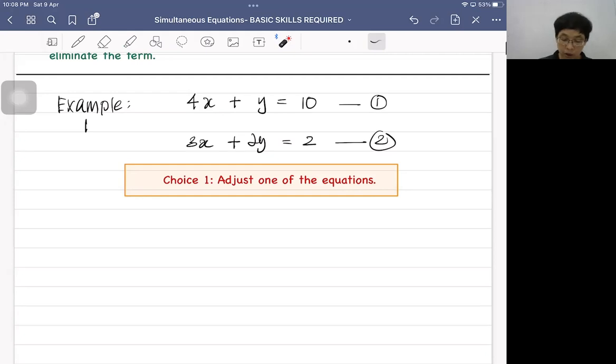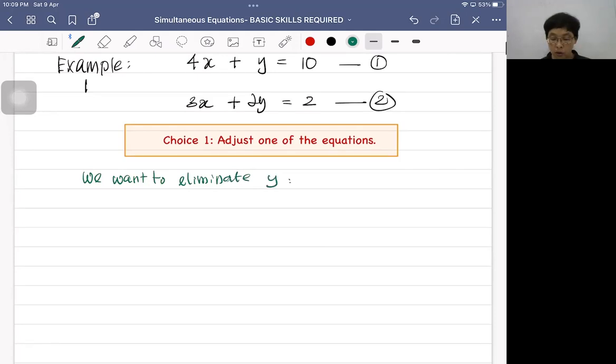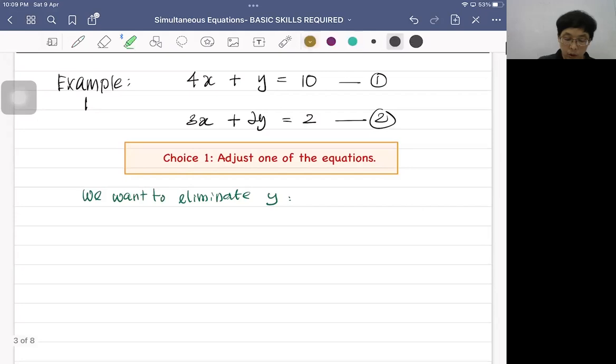Let's say for example, in this example, we want to eliminate y, okay? We want to eliminate y. So now we will look at the coefficient of y.